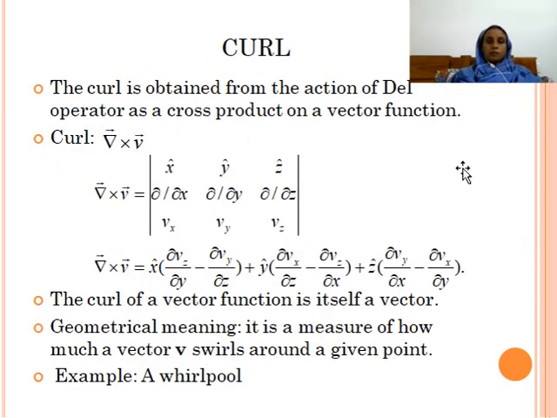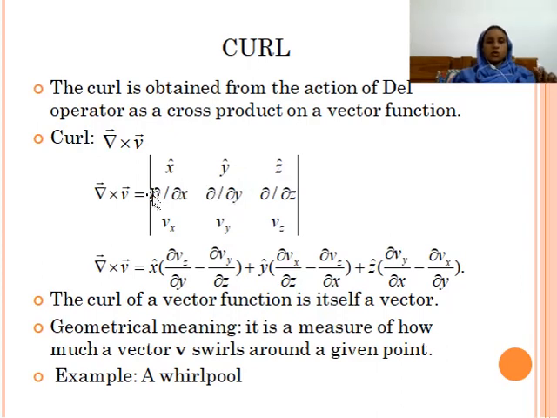Now the curl. The curl is obtained from the action of the del operator as a cross product on a vector function. So del cross V. The gradient differential vector operator acts on a vector field V through the cross product. Just like we do in the cross product of two vectors, we can evaluate the curl using a determinant. The first row is x cap, y cap and z cap.